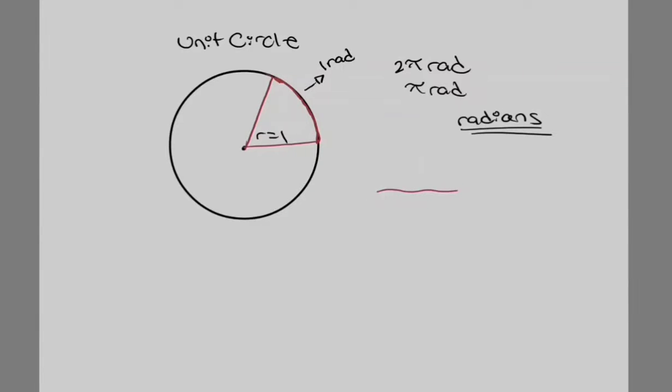Now, what if we want to go even further and we use our radius as our measuring reference, right? This is now 2 radians. And if we keep going more, now we have 3 radians.